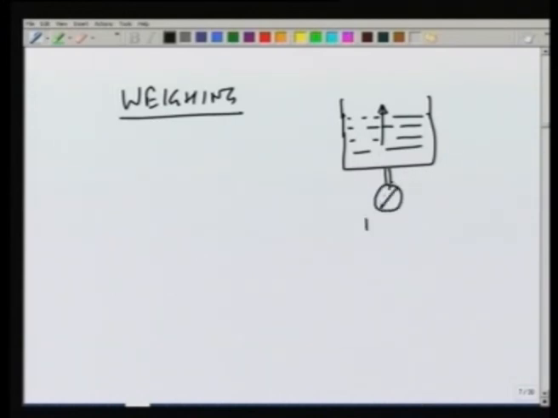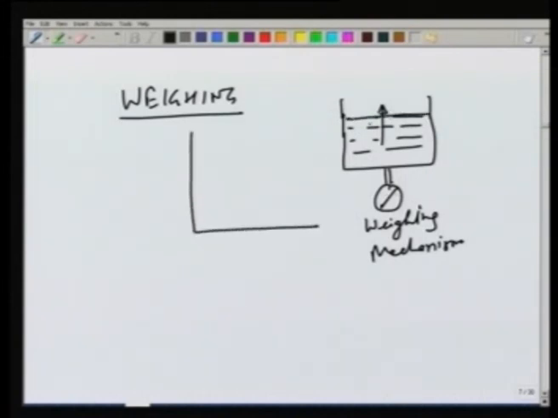There is some weighing device here which will continuously record the weight of the container and the water in it. So, with time it will give us a constant record.